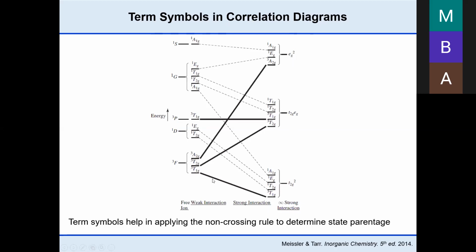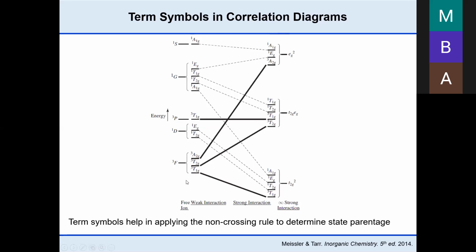Shown here are our free ion terms and their associated irreducible representations on the left. And when we apply crystal field, these terms are ordered in this manner as shown here.